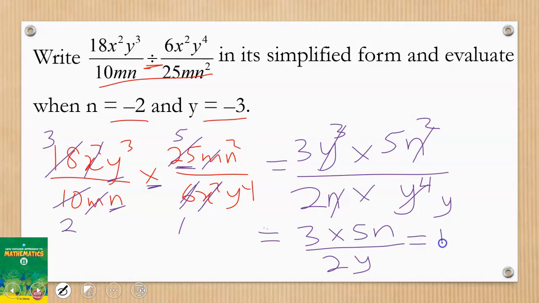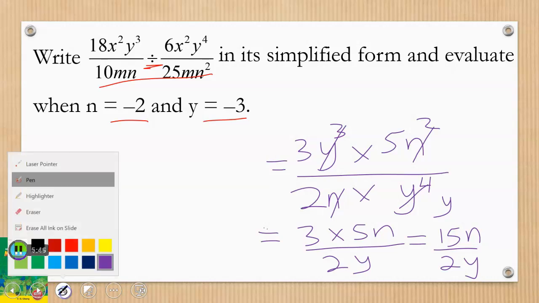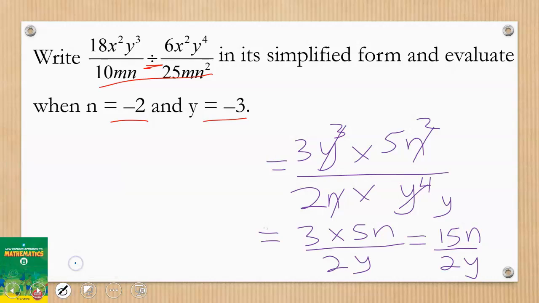This can simply be 15n over 2y. Now we can make substitution. So with the substitution, we have 15 times n is -2 divided by 2 times y, -3.